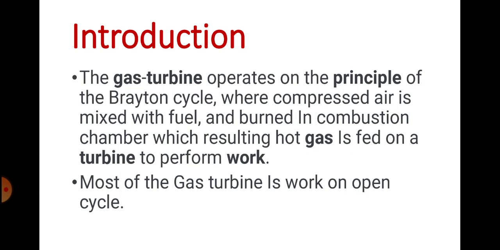But in the case of the open gas turbine, after expansion the gas exits to the atmosphere instead of circulating through the system. Turbojet and turboprop are examples of gas turbines, especially open cycle gas turbines.